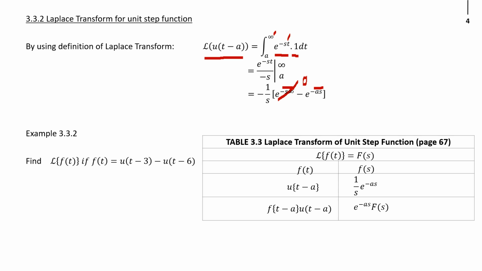So 0 minus e to the negative as, multiplied with the negative here, it will be positive. So I have 1 over s e to the negative as.